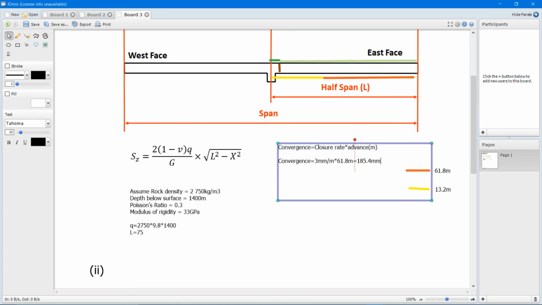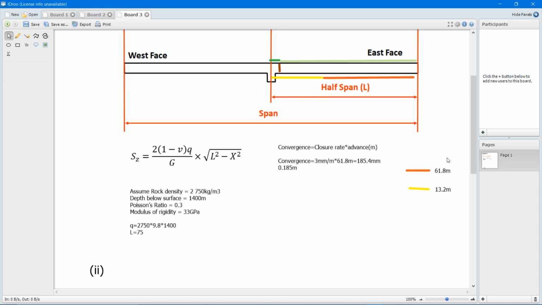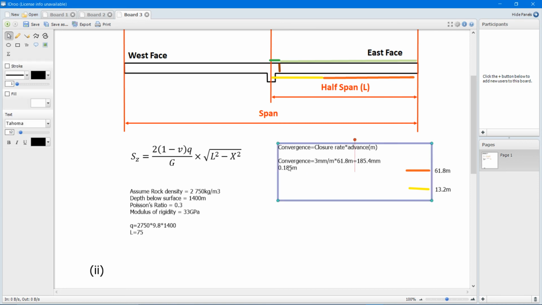So in meters, that's still 0.185 meters. So that's just about what the convergence would be. It is reasonable. It's not too big, although we have now given some reasons as to why it's not too big. You see? So it makes sense that it's 0.185 meters.